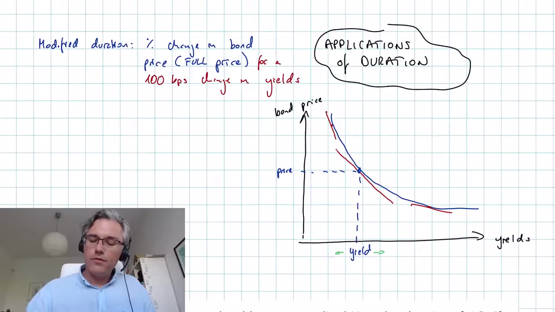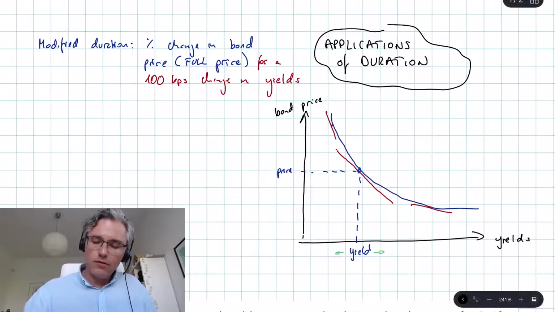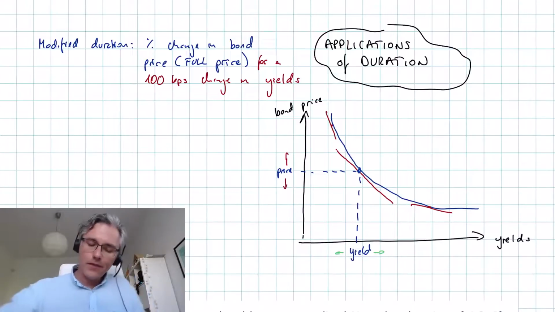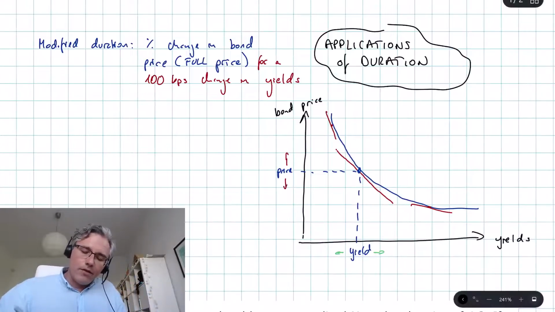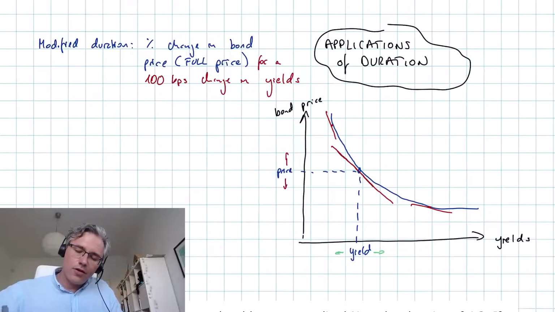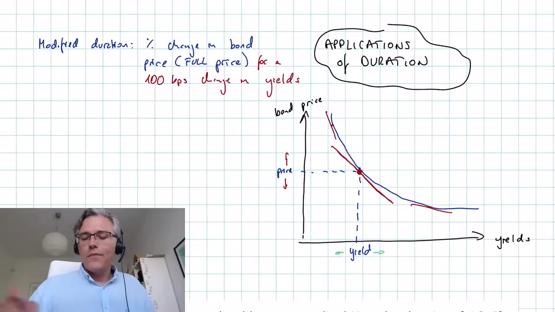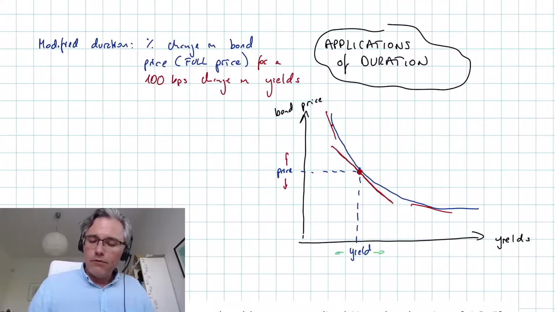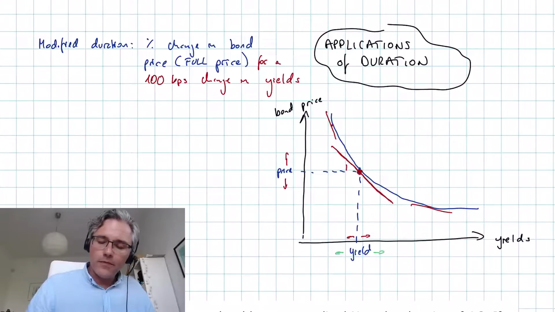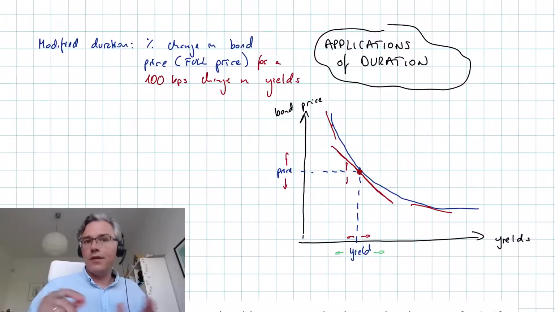What will happen to the price in terms of it going accordingly down or up? However, duration is just a single measure at a point on this curve. So it tells you what will happen when yields, for example, increase a bit or decrease a bit by telling you, well, the price will either go down or up accordingly.